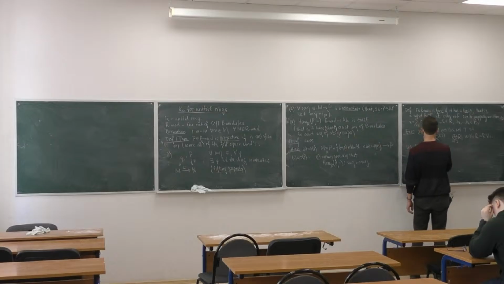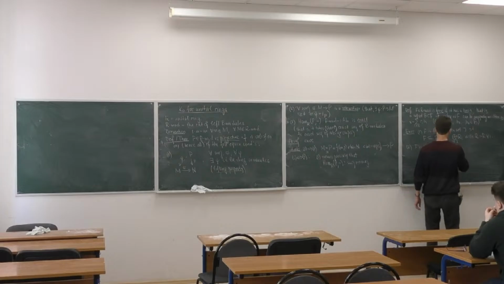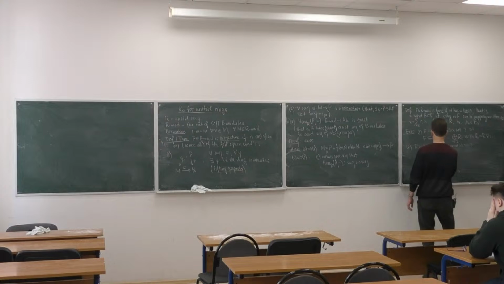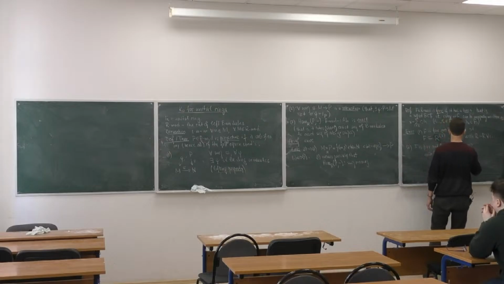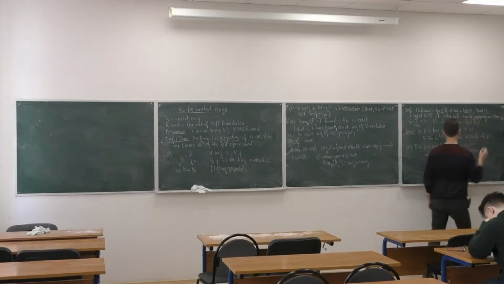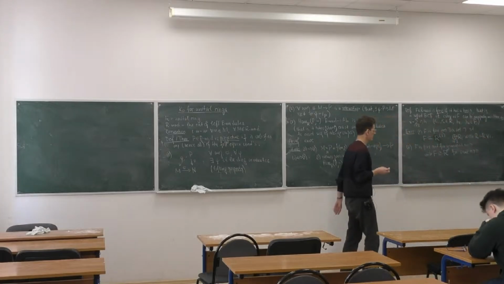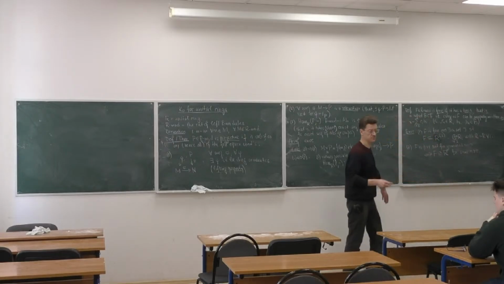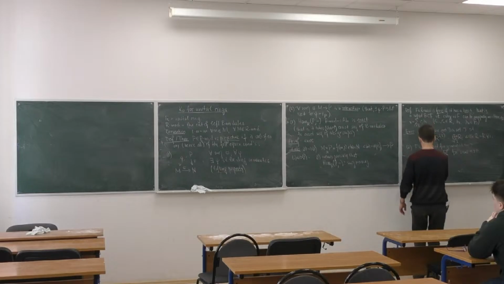F is free and finitely generated if and only if it is isomorphic to R to the power n for some non-negative integer n. In fact, part 2 is not immediate from part 1. So what is essential here?